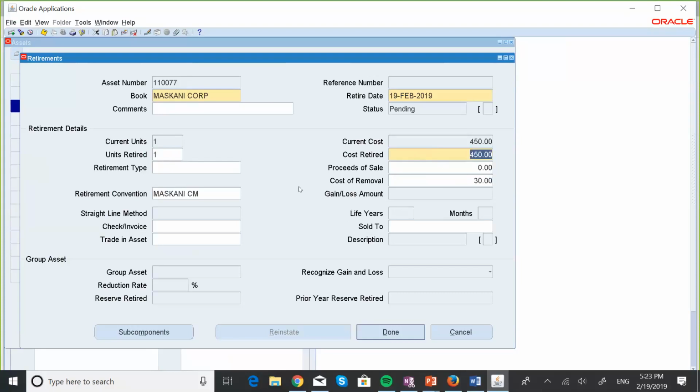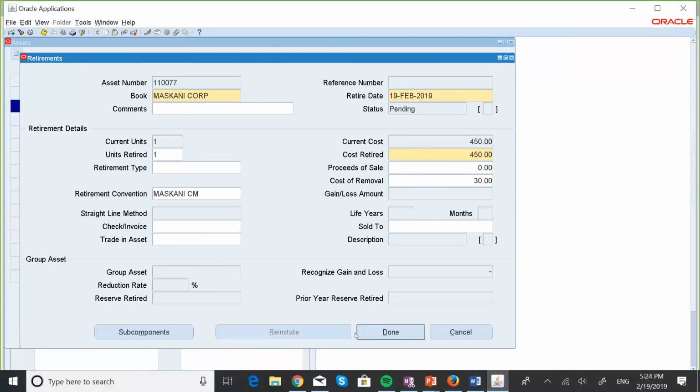There's other information that you can enter here, such as the invoice number, or if it was a trade-in, you can enter the asset that was traded in. You can enter the person who you sold this asset to if it was sold. Of course, for us, it was not sold because of no proceeds of sale. We just had somebody come and remove it for us.